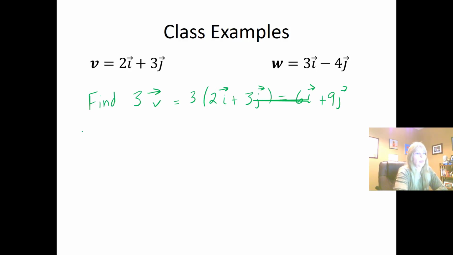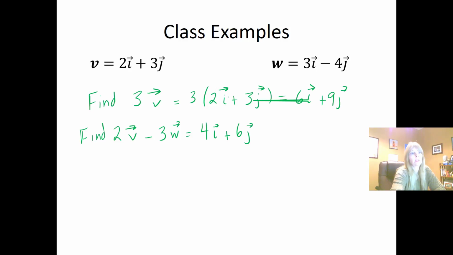If I want to find 2v minus 3w, you can kind of just look at it, right? So in other words, 2v would be 4i plus 6j, so just multiplying by 2.